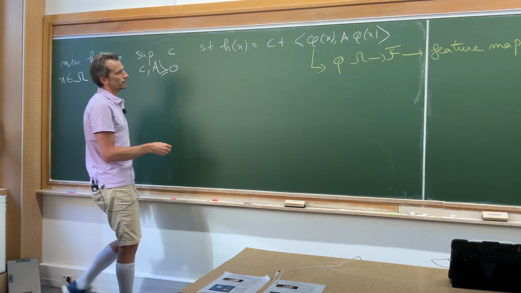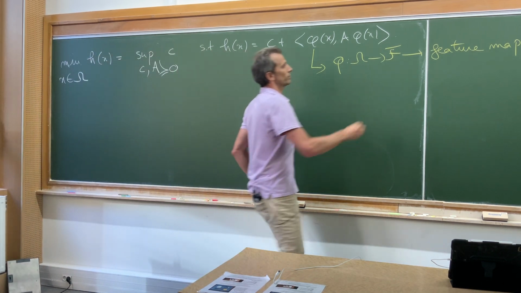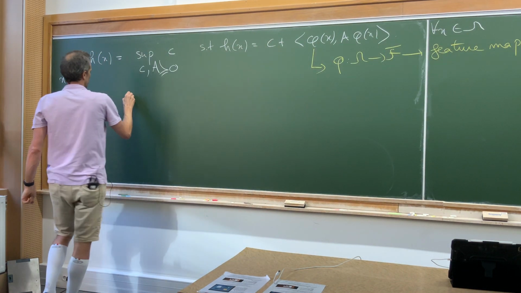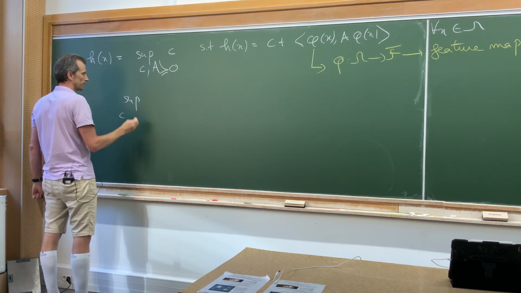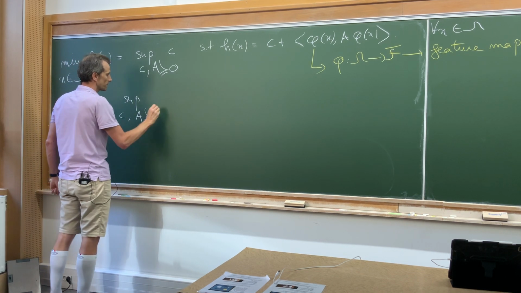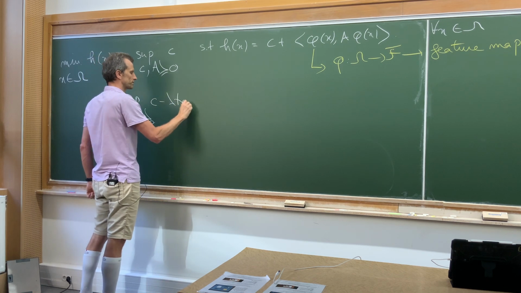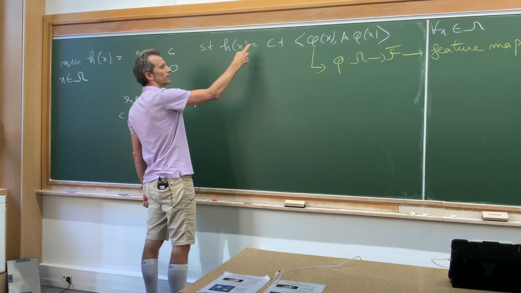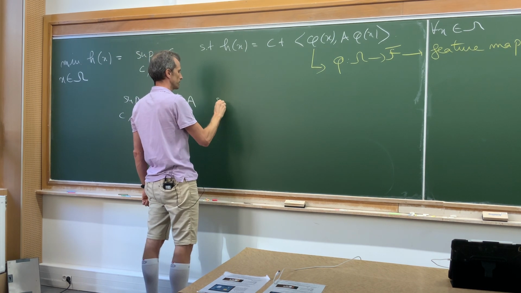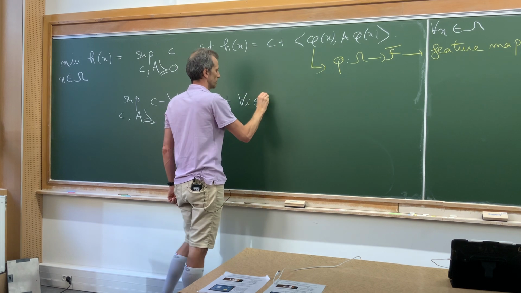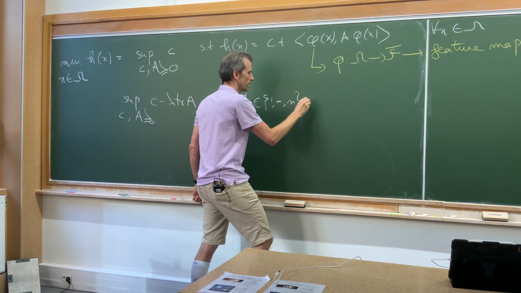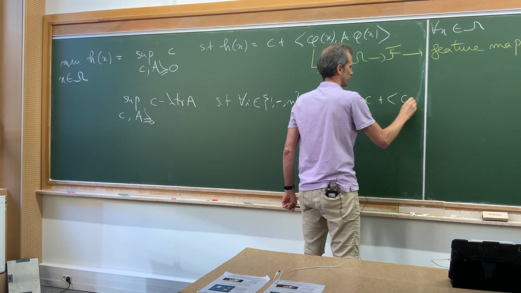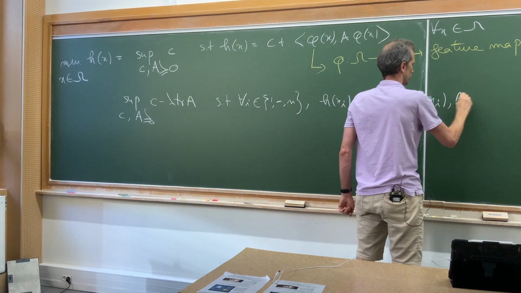Then we realize that here we still have this condition for all x in omega, and we replace this by the supremum, still over c in R and L PSD, but now we're going to regularize L because we're going to replace this continuous set of equalities by simply, for all i in 1 to n, the same thing: h of xi equals c plus phi of xi transpose L phi of xi.